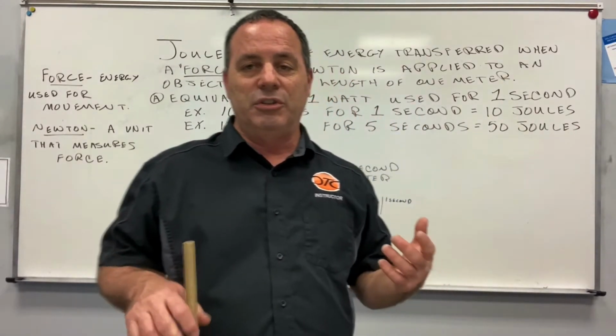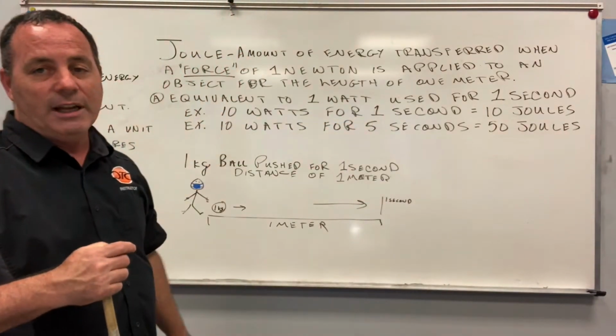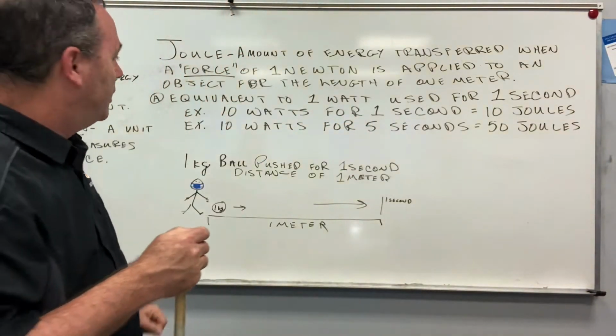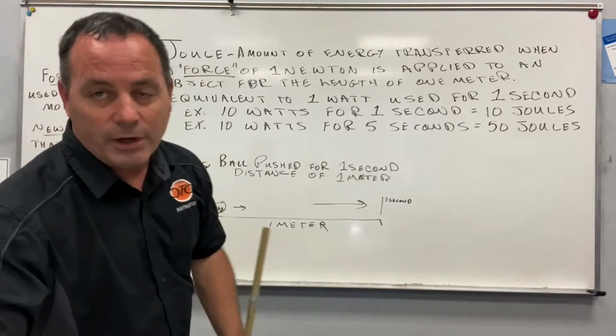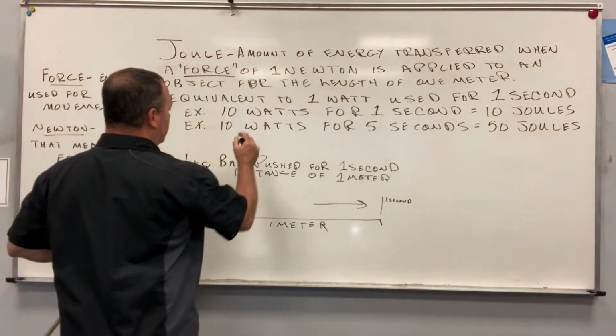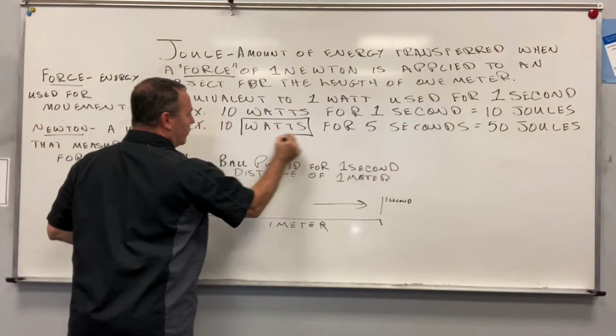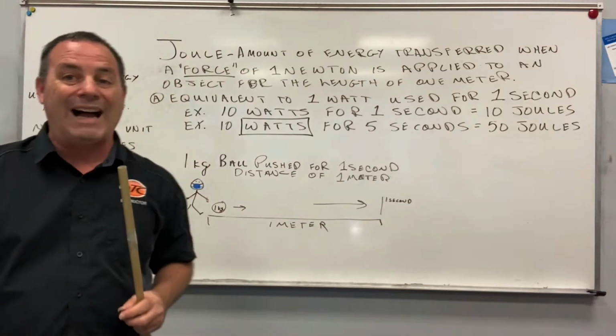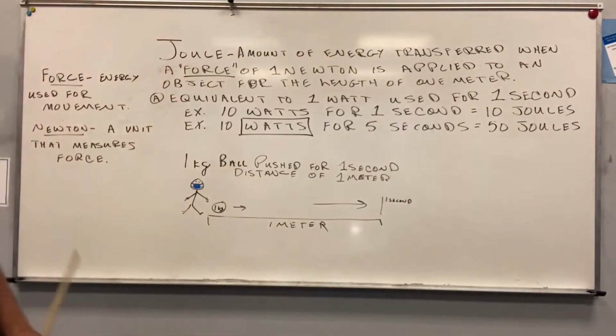The reason we're using the word joules here is we want you to see how much energy is being used. But notice this is the word here that you'll be using for the rest of this chapter, watts. But I just wanted to give you a little bit of a breakdown.